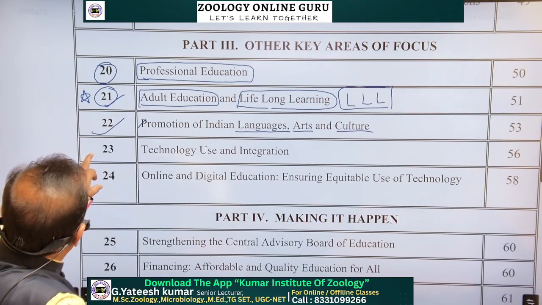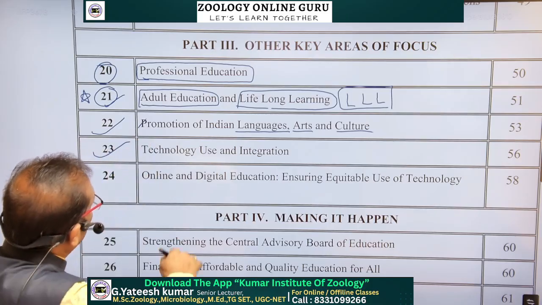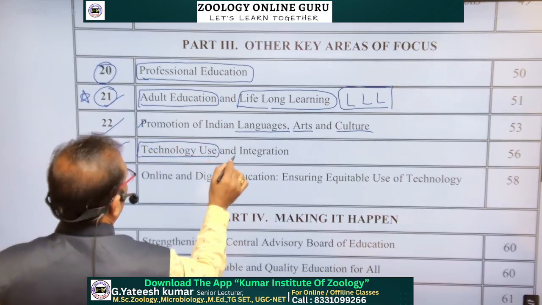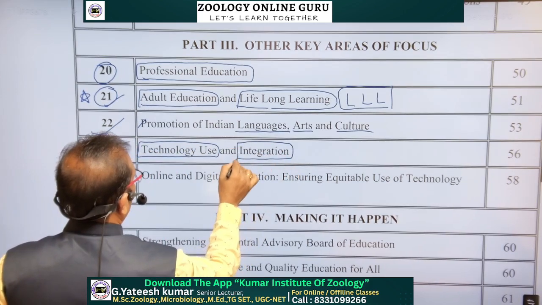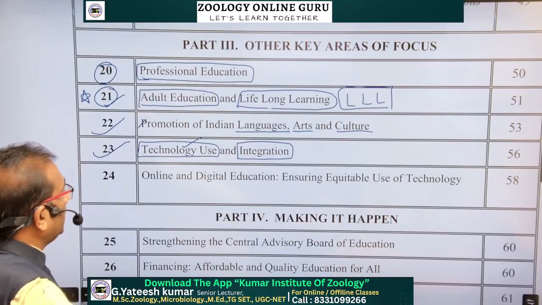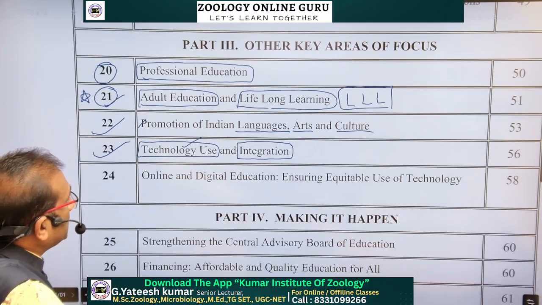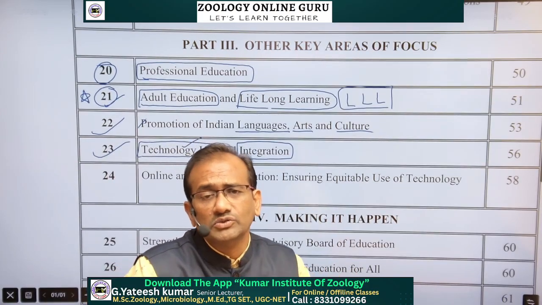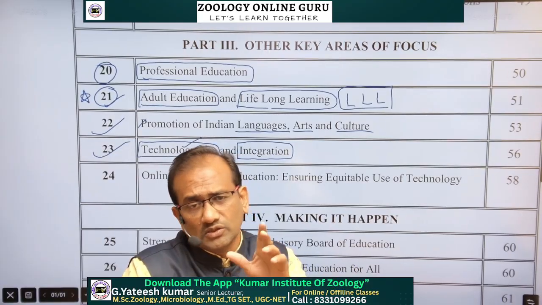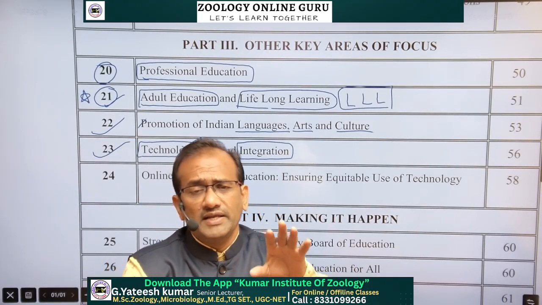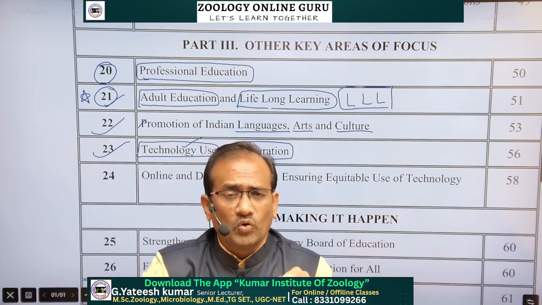Next, coming to chapter 23, technology use and integration. So they also focused on technology. In the NEP 2020, technology use and integration is present in chapter 23. This is also most important. We are discussing the NEP 2020 main document.